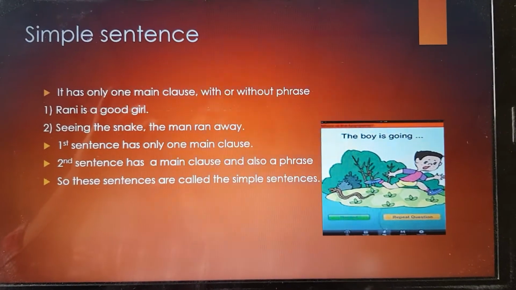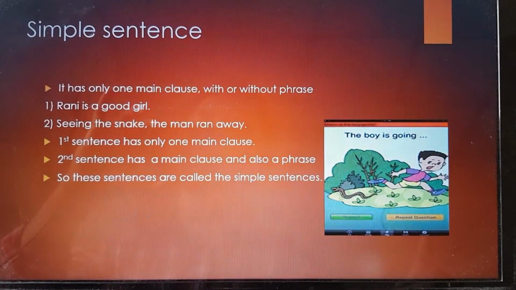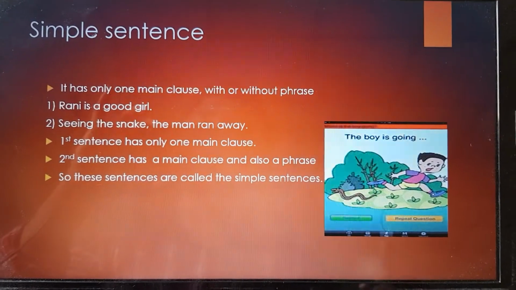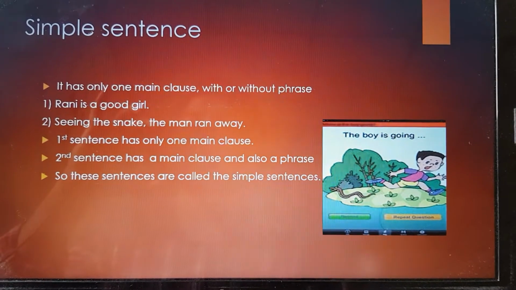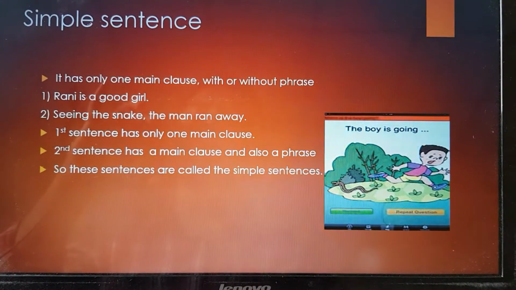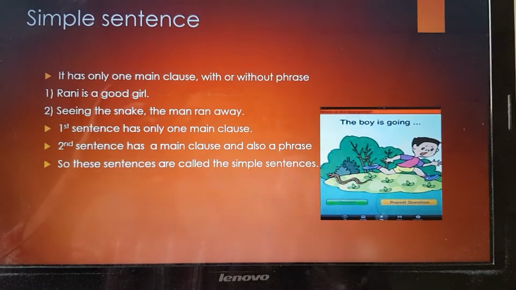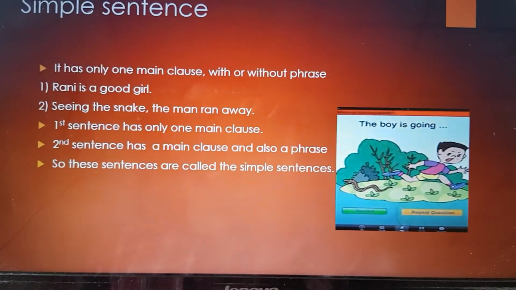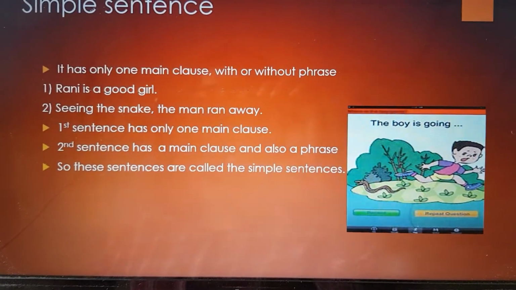Now look at the simple sentence. We'll start looking at these three important aspects: simple, complex and compound, and we'll start with the simple sentence. A simple sentence has only one main clause, with or without a phrase. You should remember this. For example, Rani is a good girl. Seeing the snake, the man ran away.